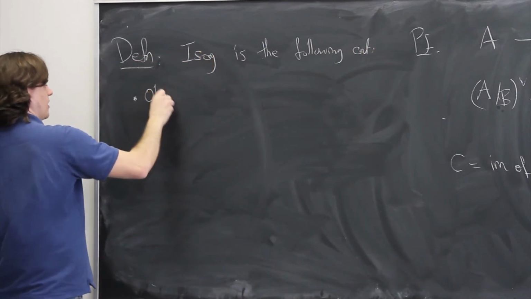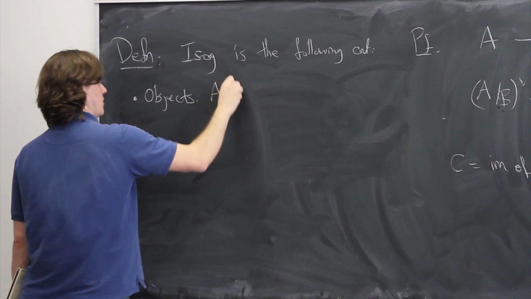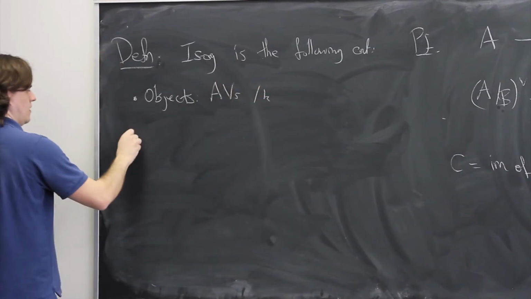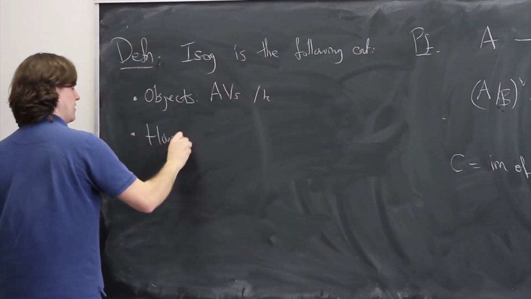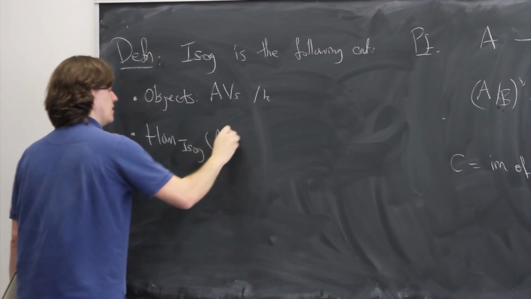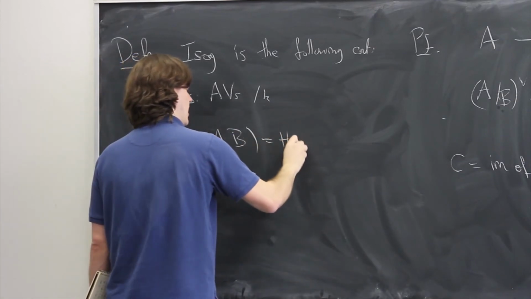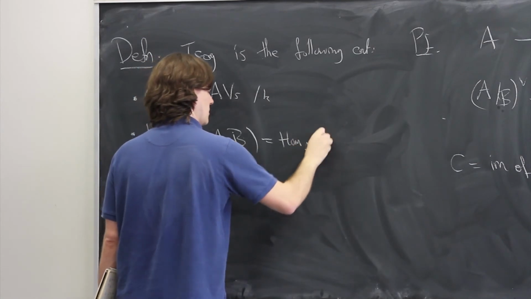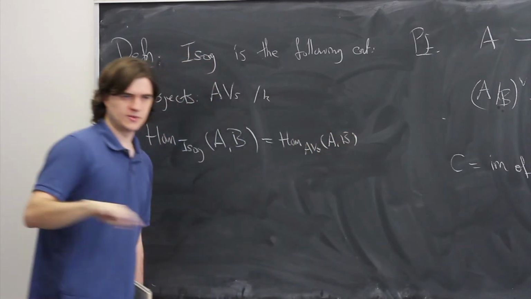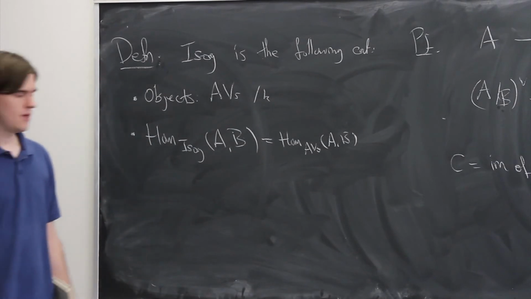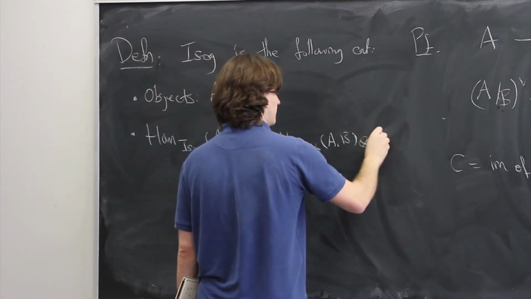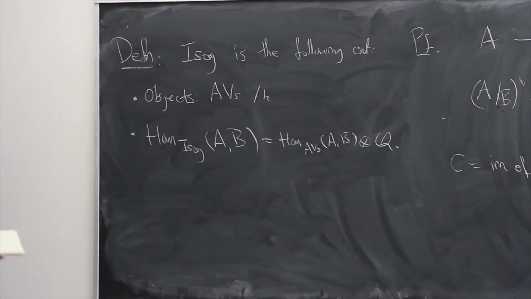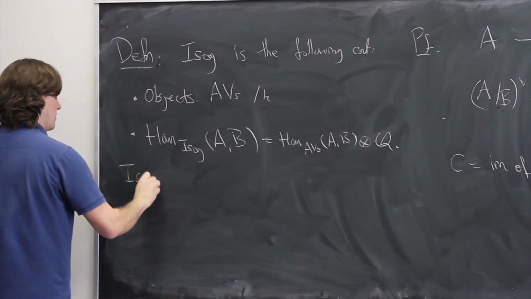The objects are abelian varieties over K. And the Homs in this category between two things, A and B, are the Homs as abelian varieties, so maps of varieties that are also homomorphisms, tensored with Q. And you can check that there's a well-defined composition, just the obvious one. So this is called the isogeny category.